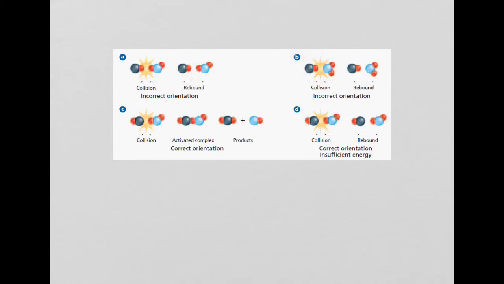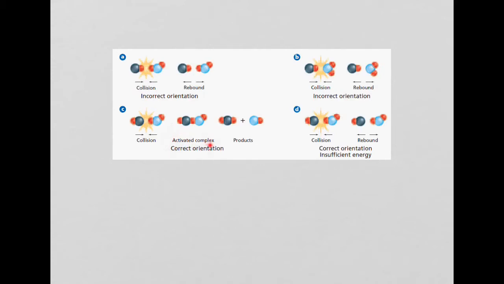Whereas if you look at B over here, we have the red part slamming into the blue part, which in this made-up reaction is also not going to lead to the correct orientation. Whoops, I didn't read that carefully. What we need to have here is a situation where the black hits the red part, and when that comes together, then you're going to form the products.